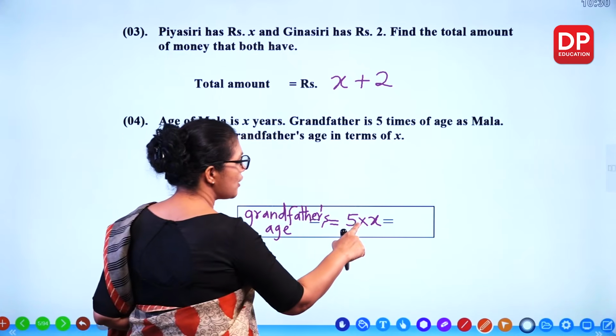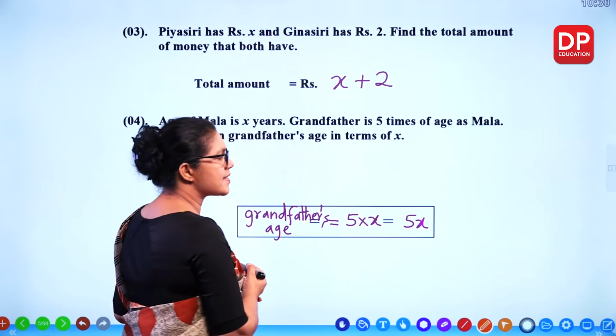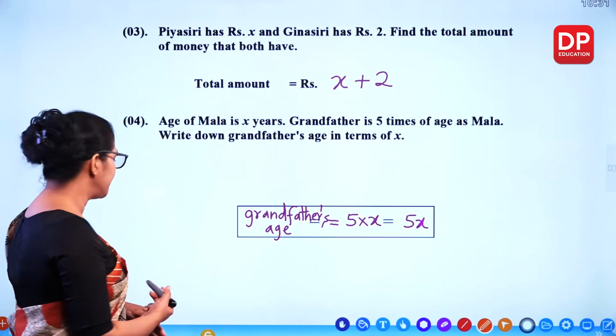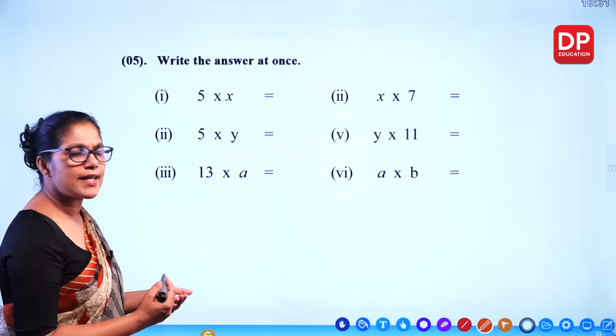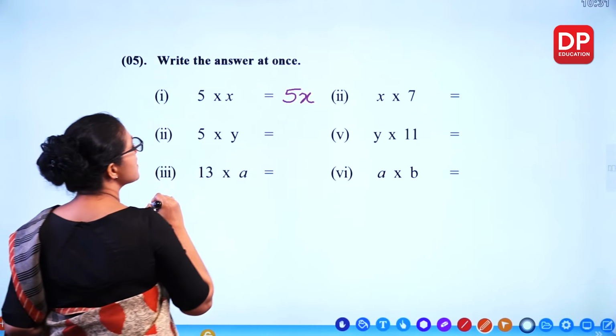You can write without the multiplication sign. I can write this as 5x. So what's the grandfather's age? 5x. 5 times x, I can write without the multiplication sign, 5x.